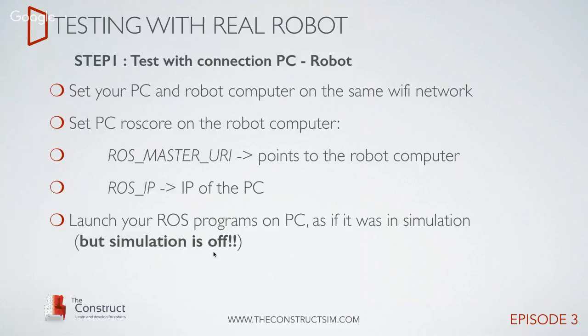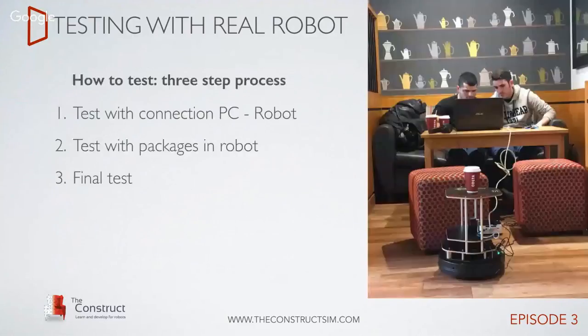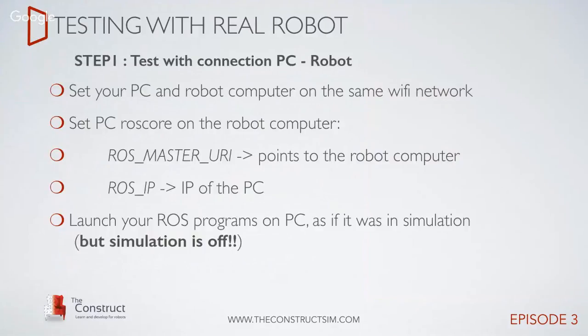So you are launching the programs exactly the same as you were doing for the simulation. But now what has changed? First, the simulation is off. Second, you have changed those variables. ROS is made in such a way that when you change the ROS master URI, what you execute on the PC will actually be affecting the computer that is on the robot.